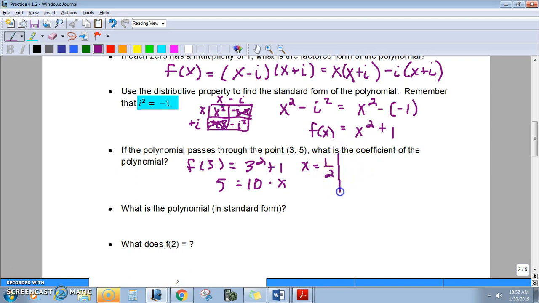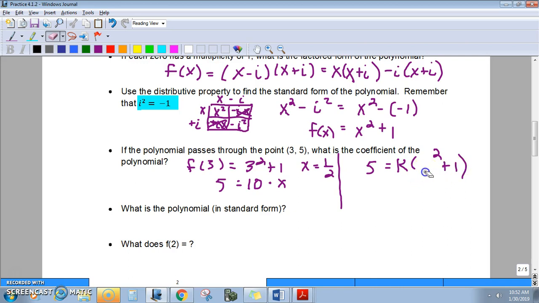Now, Ms. Stewart starts from the very beginning. She says, okay, I want to input 3, and I know I'm going to have to solve for some constant, so I'll put that there. Some constant times (x squared plus 1) is going to give me 5 if we input 3.